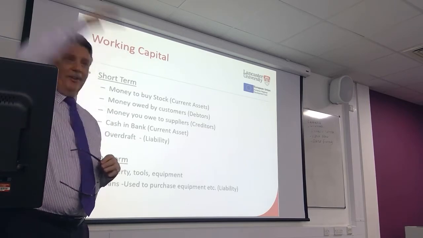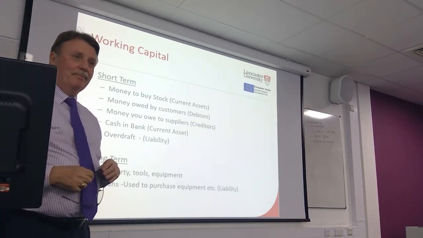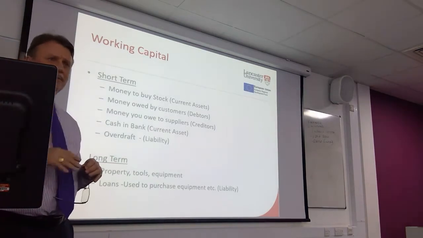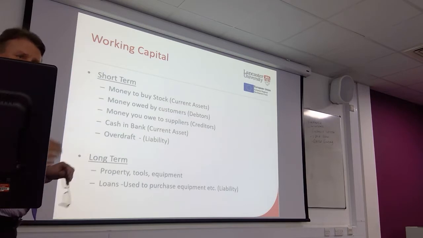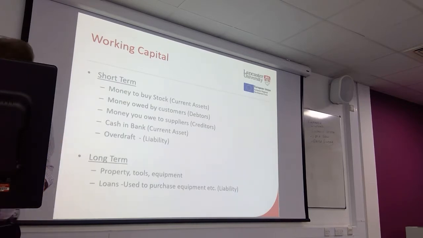But then you start again at a higher level, and then depreciate. I think it used to be 3%. If you've got some long-term loans, if you bought some equipment, it might be to repay it over 5 years, something like that. So it's a liability you're going to have to pay over the period.